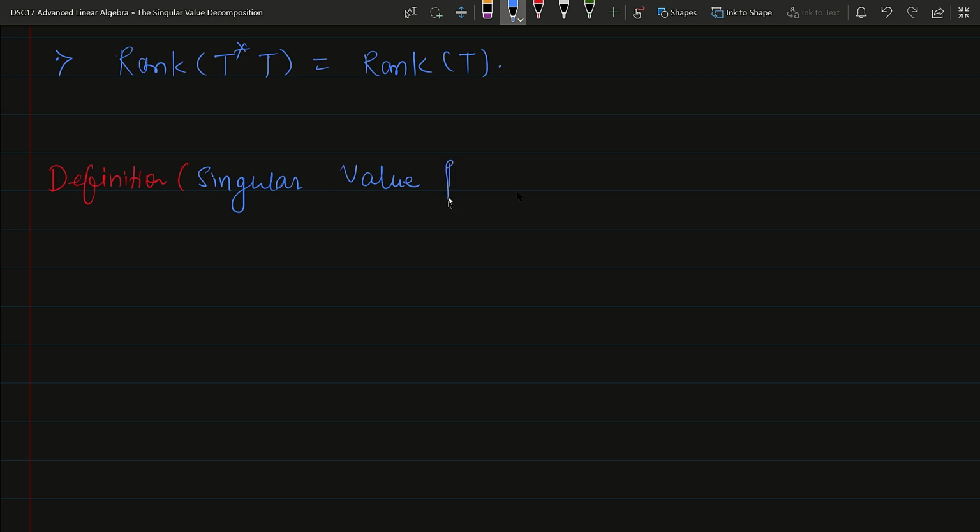Singular value for linear transformation.